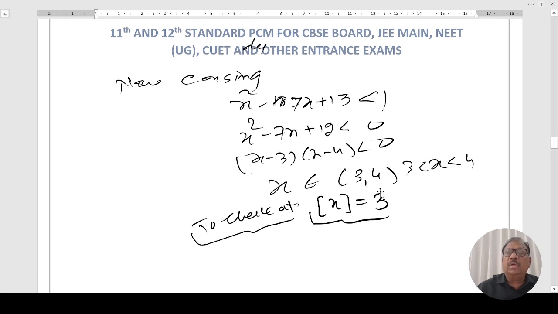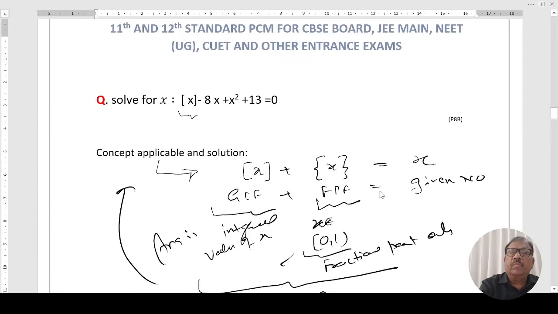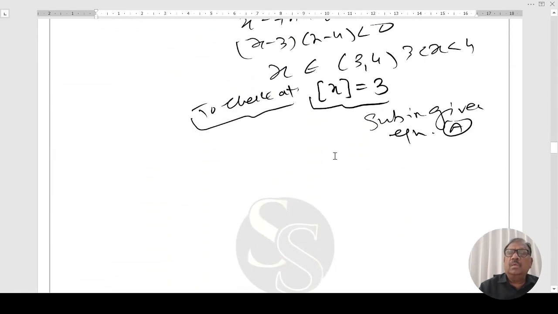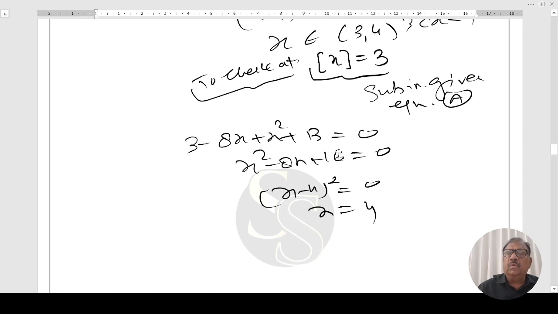To check, substituting in the given equation A: 3 minus 8x plus x square plus 13 equal to 0. X square minus 8x plus 16 equal to 0. (X minus 4) whole square equal to 0. X equal to 4.